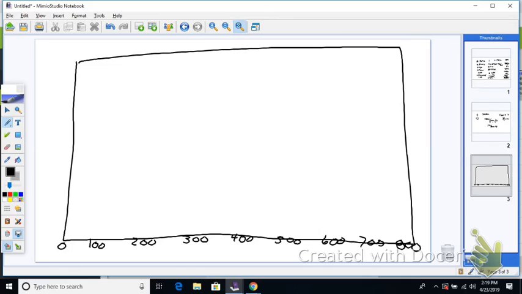Raise your hand. How many were between 0 and 100 usage? Okay, so that would be nothing there. 100 to 200 liters per person per day, how many?